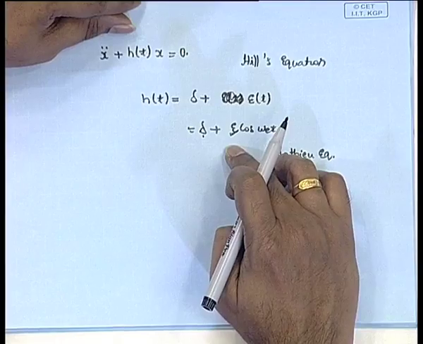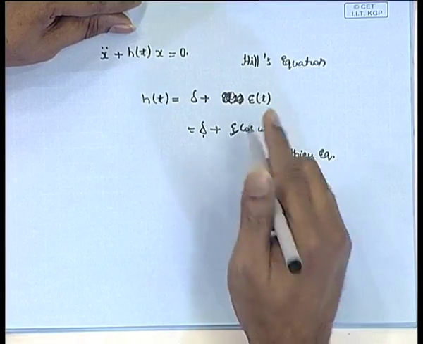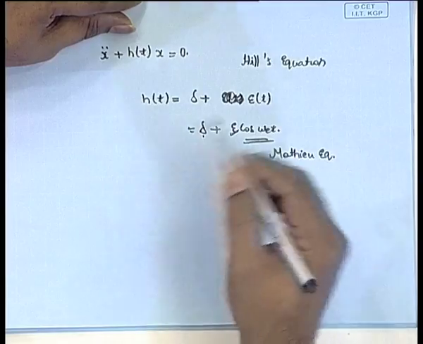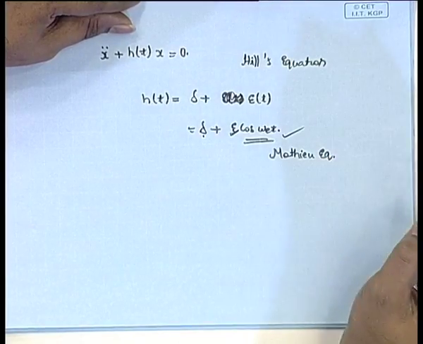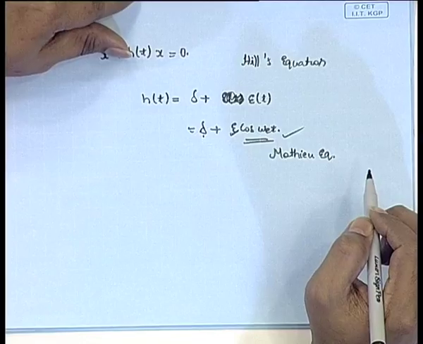So epsilon represents the perturbation, the exciting component or the fluctuation acting on delta, which is the mean, and cos is the way in which it varies, in a sinusoidal fashion.